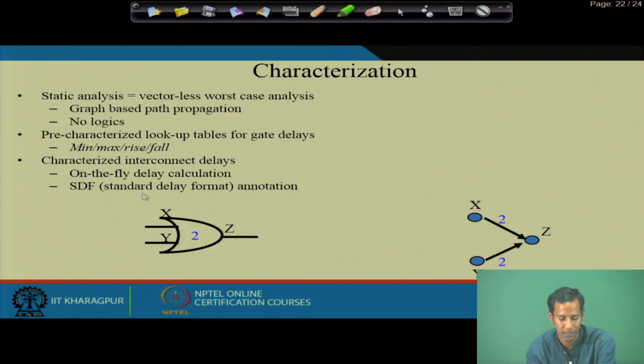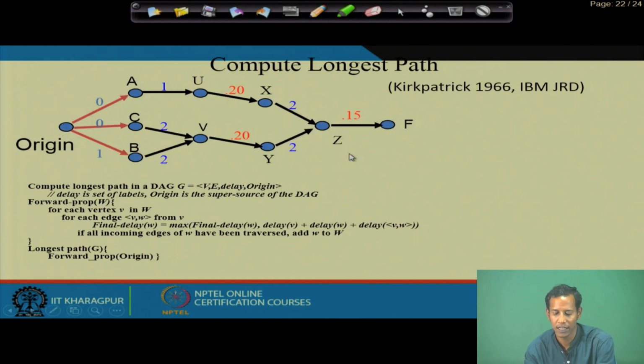And to calculate these interconnect delays, we have to consider the standard delay format annotation. This SDF annotation is nothing but the corresponding RC extraction of your particular circuit, so that you can get the interconnect delay very specifically, depending on the technology library you are using.